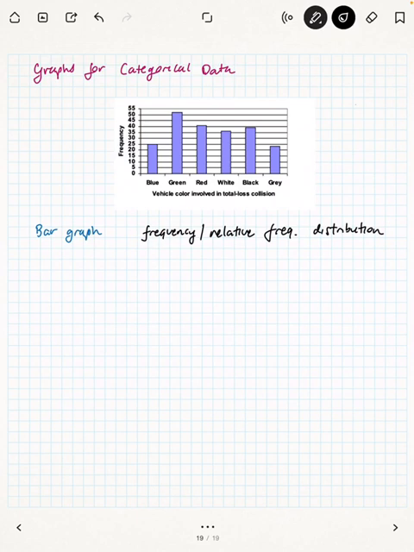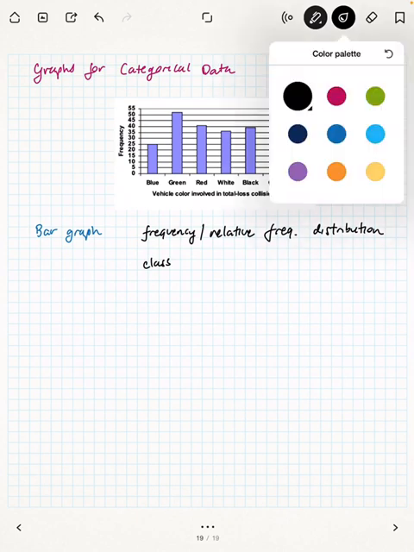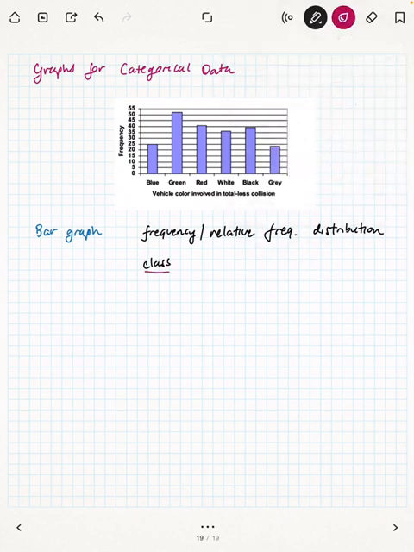So each class is represented in the labels down here. So notice that we have 6 classes here. And each one has a frequency or a relative frequency, which is represented in the vertical axis. So those are these values.